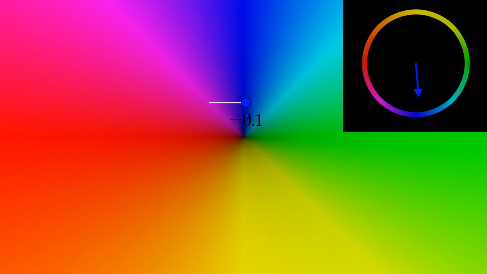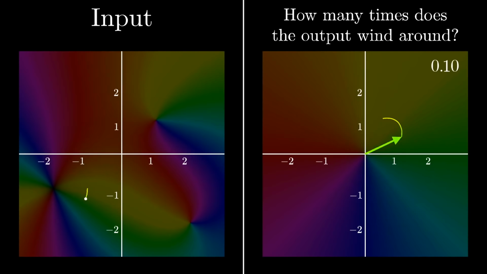Now for other loops, it could be any other whole number. Maybe a larger one if the output swings around many times as the input walks around a single loop, or it could be a smaller number if the output only swings around once or twice. Or that winding number could even be a negative integer if the output was swinging counterclockwise as we walk clockwise around the loop. But along any loop, this total amount of winding has to be a whole number.